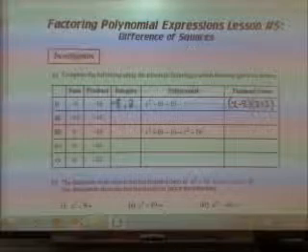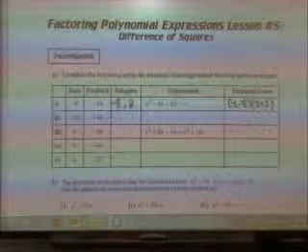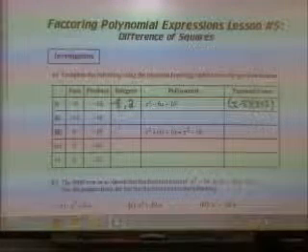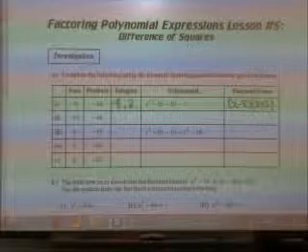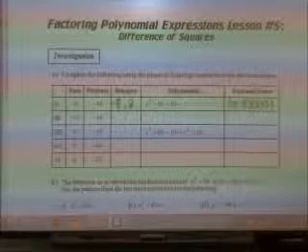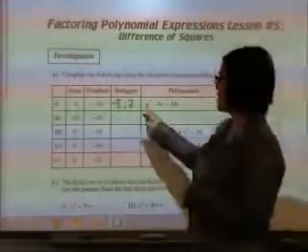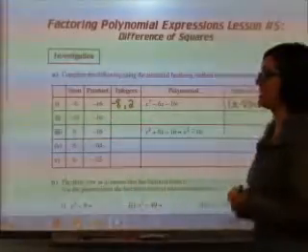If I look at the next one, I need two numbers that multiply to give me negative 16 and add to give me negative 15. From yesterday, the one thing that we did realize is in order to get a negative 16, one of the numbers has to be positive, one has to be negative, which then means when I take my two integers, I'd find the difference to get my 16.